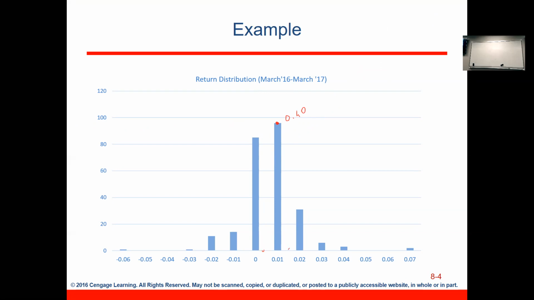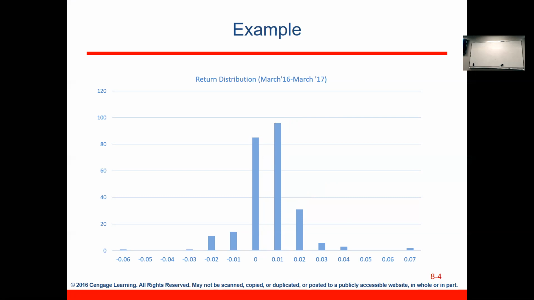Similarly, between 0.01 and 0.02, it's more or less like 10%, etc. These are not the exact probabilities, but these are what happened last year. I might use it as a proxy and say that last year it happened 10% of the time, so next year it might be more or less the same. There's an assumption here, which is not necessarily true, but I drew this graph just to give you an idea.